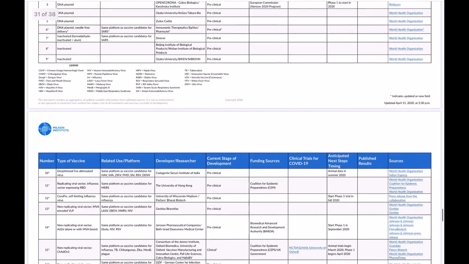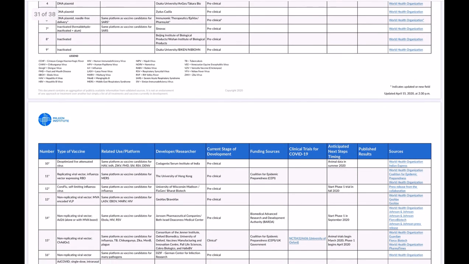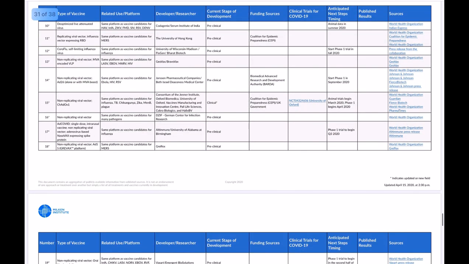If we continue going down, we see inactivated. One of them tells us that they inactivated it with formaldehyde, and most of these are in preclinical. As you can see, the majority of these are in preclinical. We also have a non-replicating viral vector and other things.